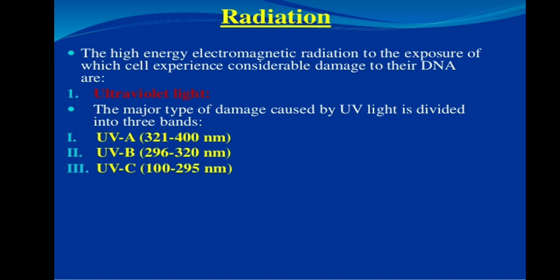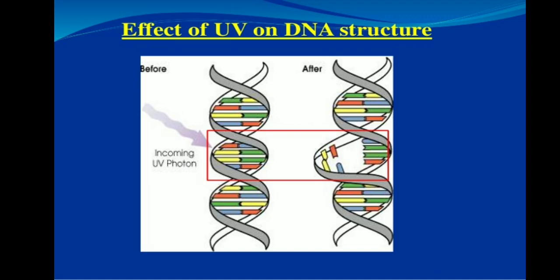UVA ranges from 321 to 400 nanometers, UVB from 296 to 320 nanometers, and UVC from 100 to 295 nanometers. So ultraviolet light is divided into three major kinds: ultraviolet A, B and C.